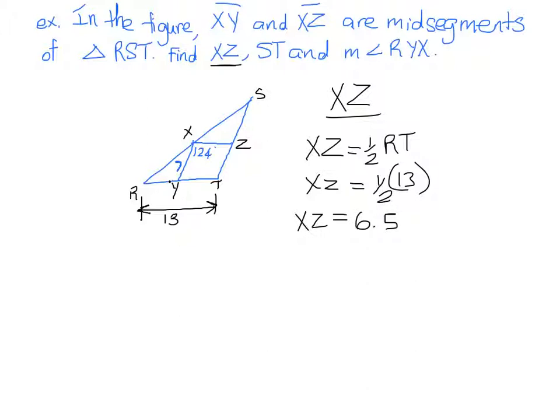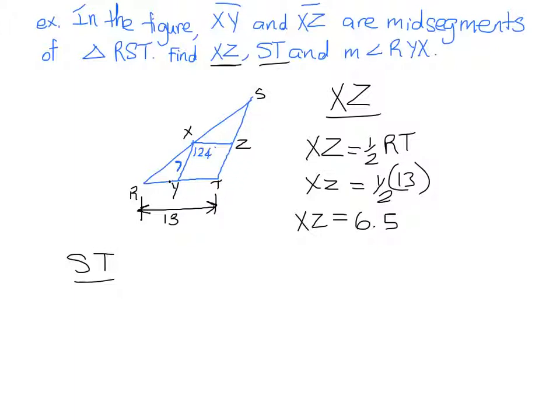Now we can find the next thing they ask for, which is ST. ST is located here. It is not a midsegment, it's actually a side of our triangle. However, we do know the midsegment which it's parallel to. The midsegment XY that it's parallel to is 7. We remember that the midsegment is half the length of the line that it's parallel to.